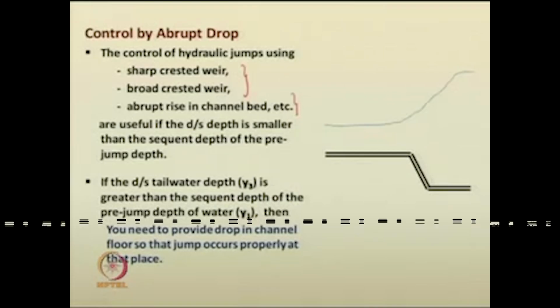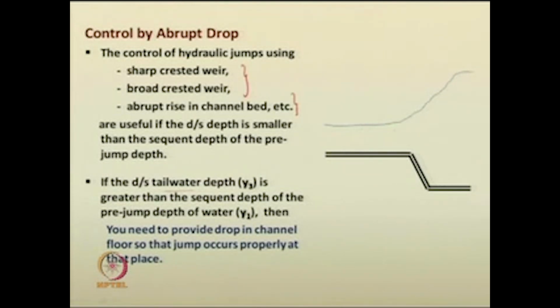So, if the tailwater depth or the post jump depth is greater than the sequent depth, then how can the pre-jump depth of the water be related with the hydraulic jump?